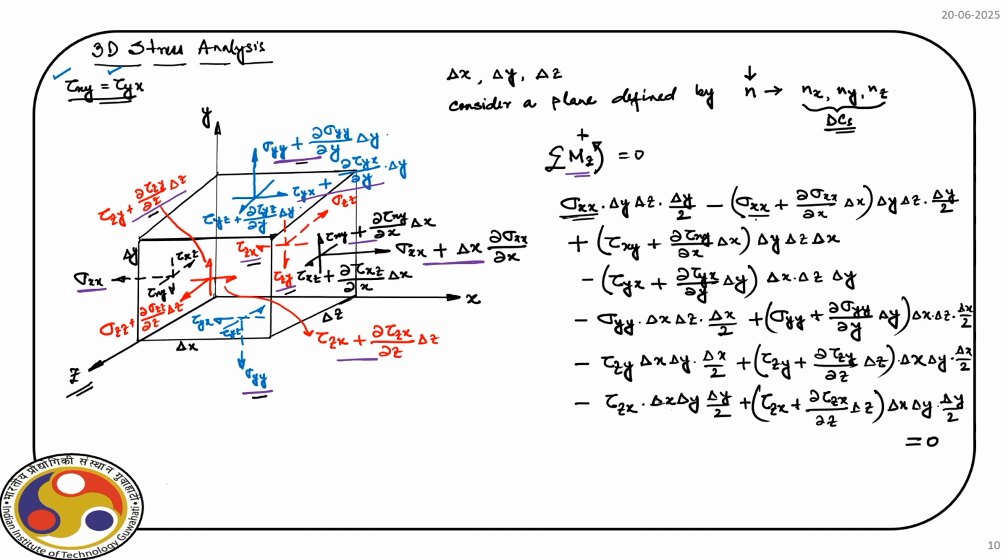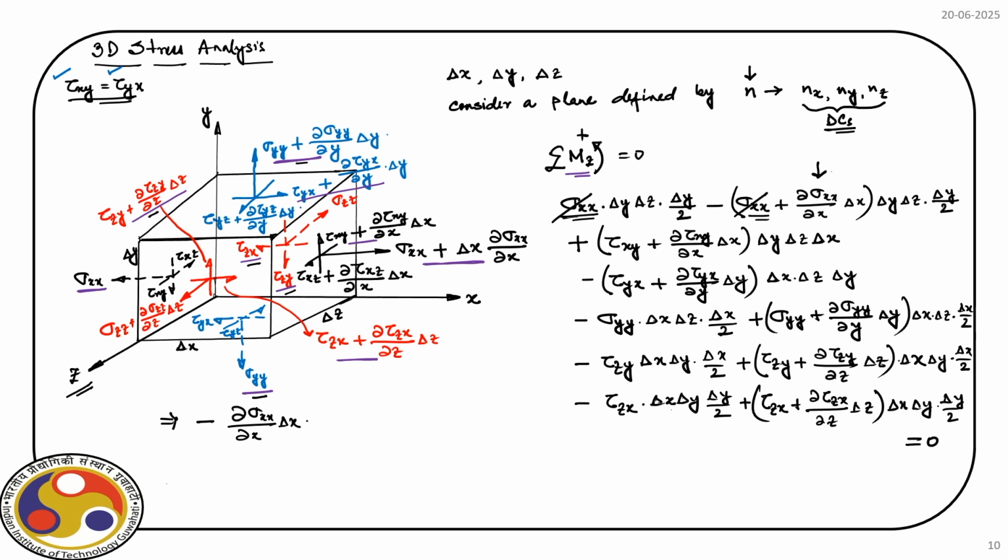Now, obviously, you can see some of the components will be cancelled, as you can see here, this one and this one, and then we will get the simplified form. So, let us quickly write down the simplified form here. So, we will have minus, you can see this will get cancelled. So, we will be left with this component. So, minus variation of sigma xx over x axis times the lever arm.